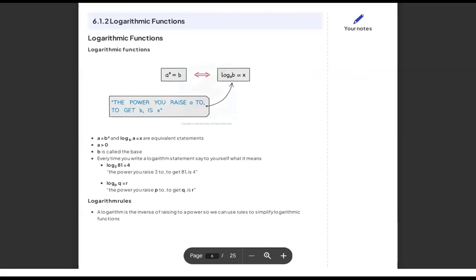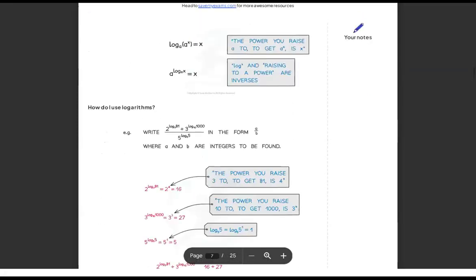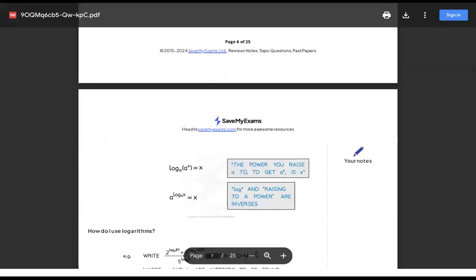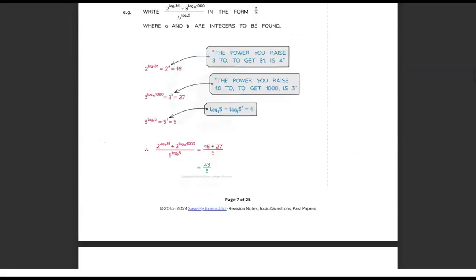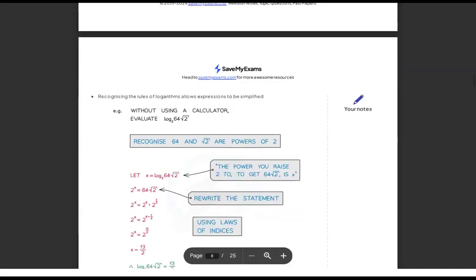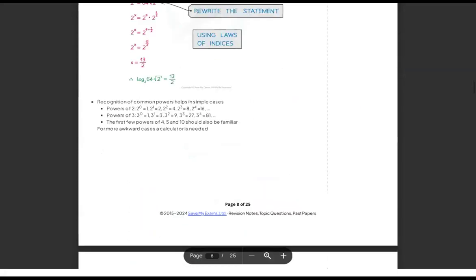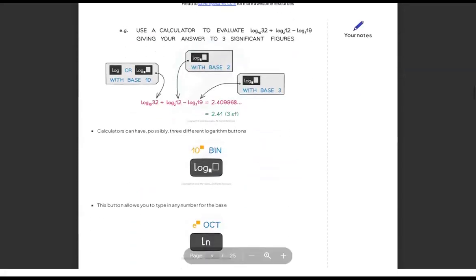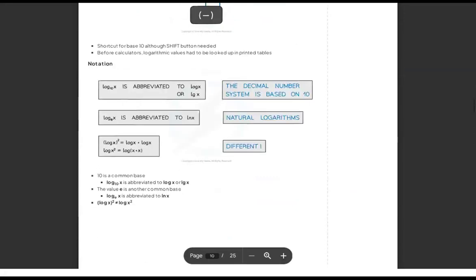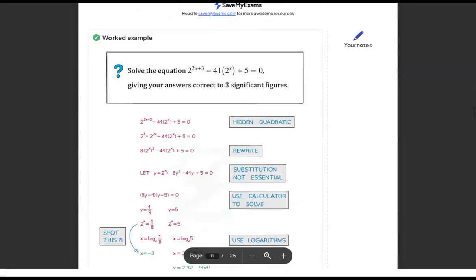So now, let's actually move on to the rules of logarithm. How to use the calculator, I think that you don't actually have one for now.